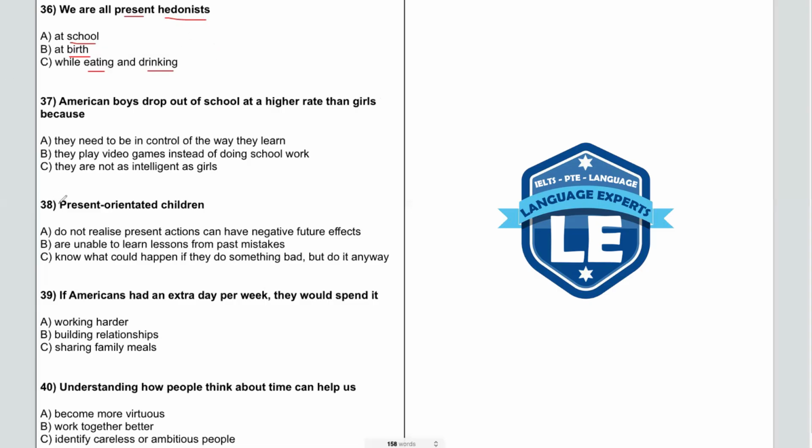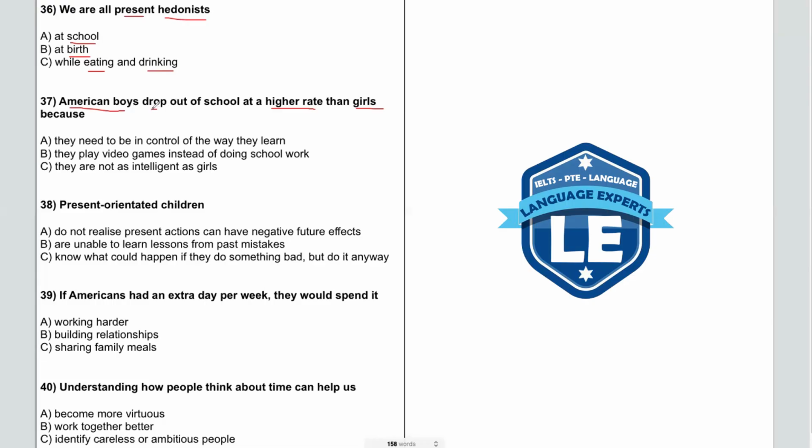Let's go ahead and look at number 37. We see American boys drop out of school at a higher rate than girls because... Now here I'm focusing on a nationality because for all we know, the listening prompt could talk about British or Australian or Scottish, we're not sure. So I want to make sure that I'm listening for American boys.